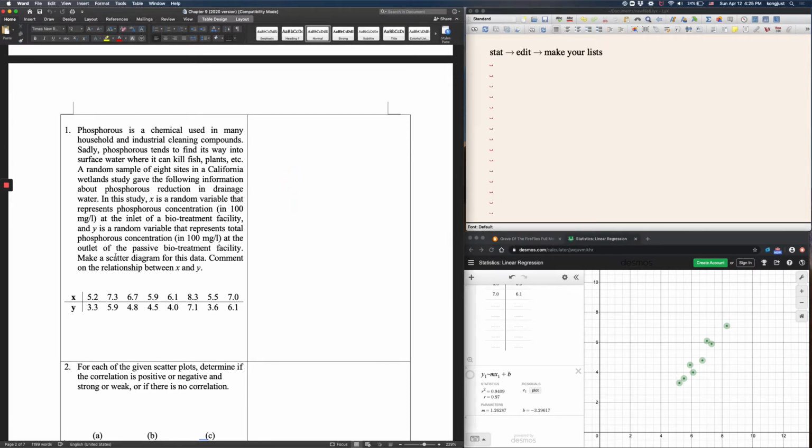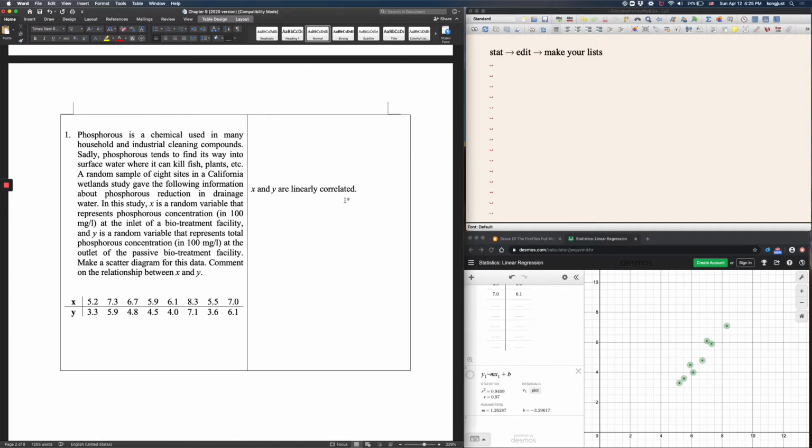What is the question again? Make a scatter diagram. Okay, we did that. Comment on the relationship between x and y. They are linearly correlated, first of all. Or maybe let's say it this way.